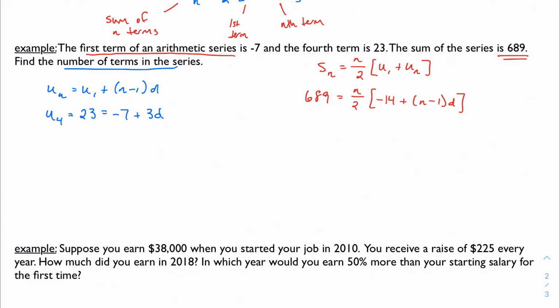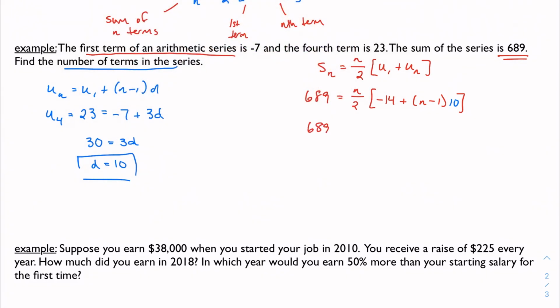And I know that u sub 1 is -7. So 30 equals 3d, with a common difference then of 10. And now I've got some information that's going to help me get somewhere with this. So let's simplify it. Now we've got everything that we need.